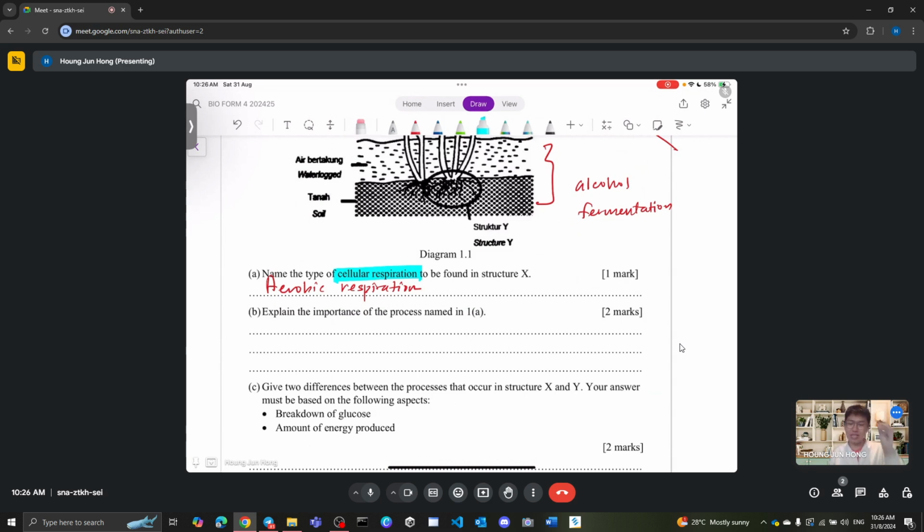We get energy. So that's the main point over here: you have to produce energy. This energy can be used for, let's say, growth, mitosis, or reproduction. All of these require energy. So that's for question B.